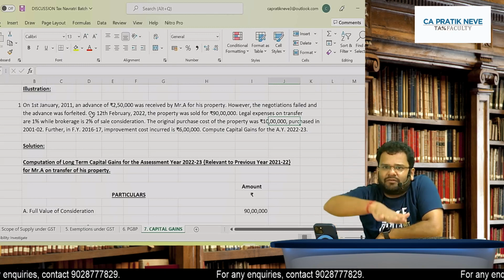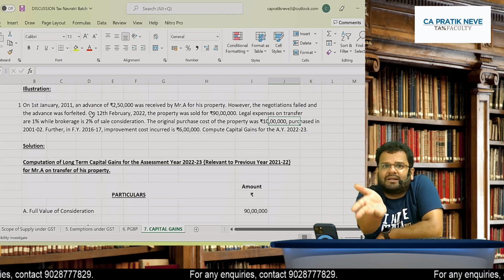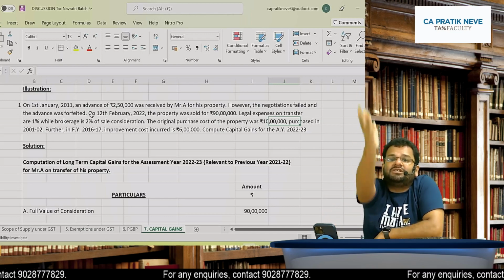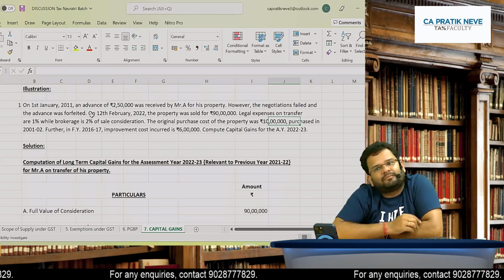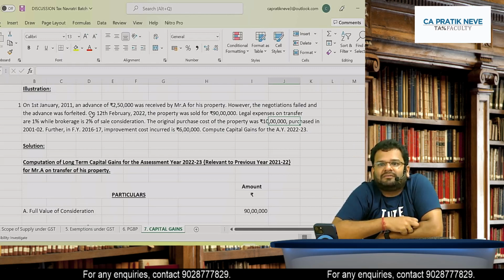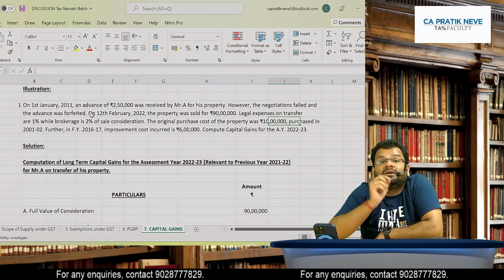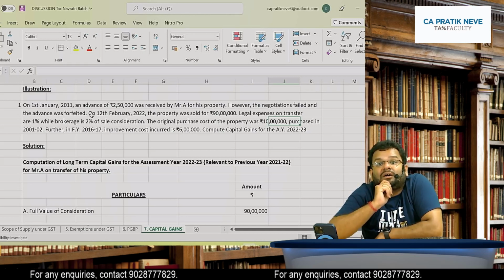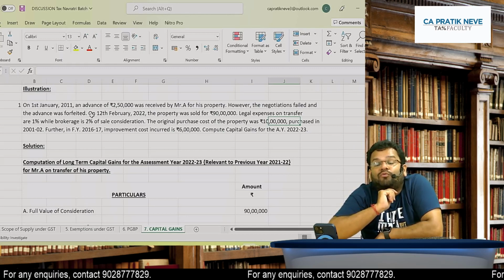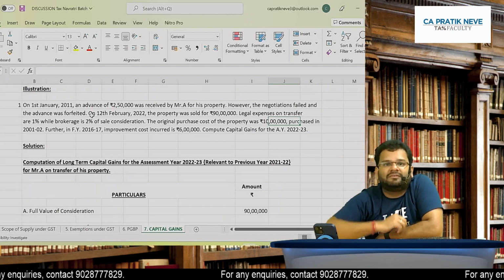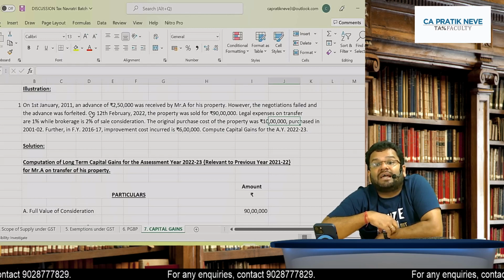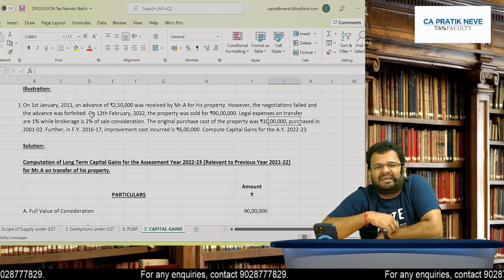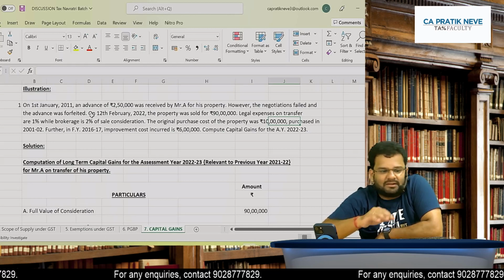If cost of acquisition goes down, automatically LTCG or whatever CG will go up. That's the point. In short, taxation of that advance received but forfeited is postponed. It is postponed to that PY in which you sell the capital asset. Sell means transfer. That's it. It is so simple.